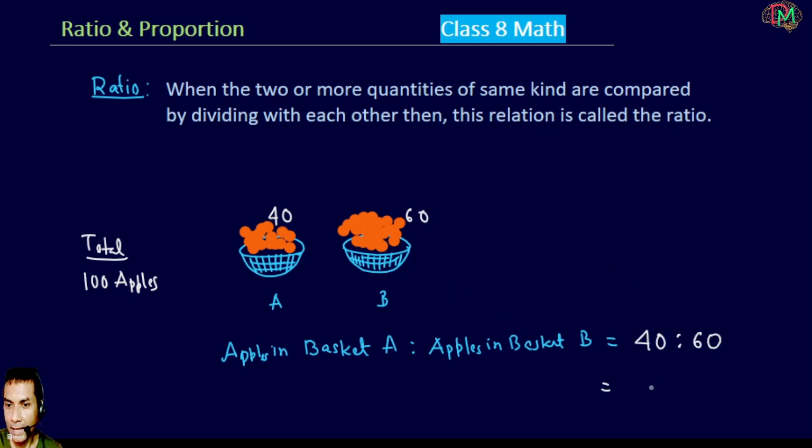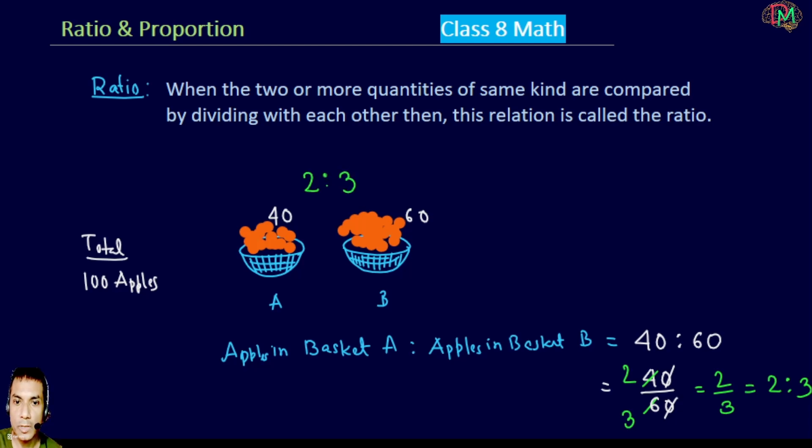Write it as 40 by 60, and further simplify, 0 cancels out, and 2 fours are 8 and 2 threes are 6, so it is 2 by 3, and we can write it as 2 is to 3. So we can separate the apples into the two baskets in the ratio 2 is to 3, right? This is the notation of the ratio.